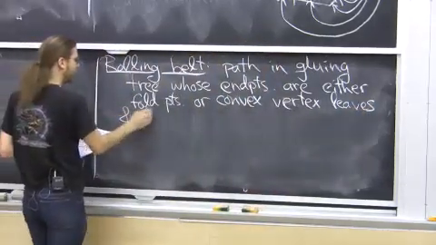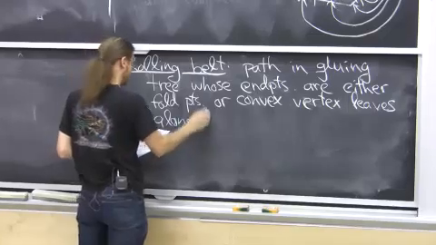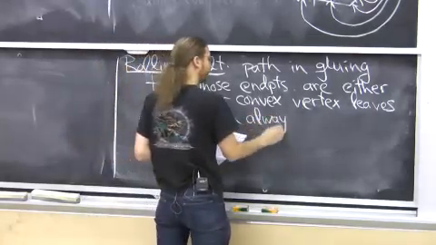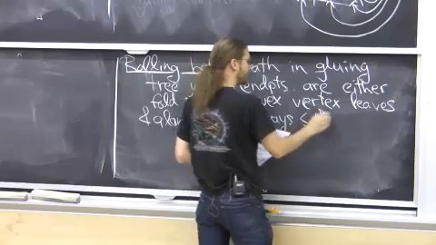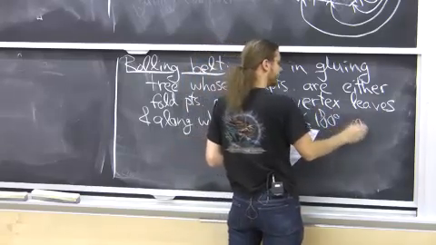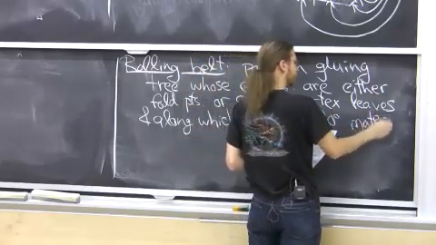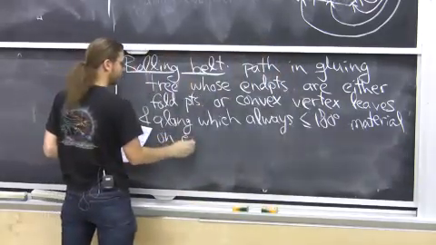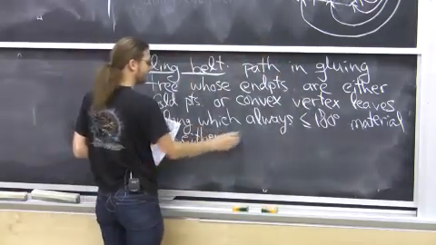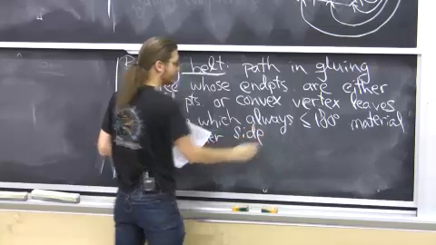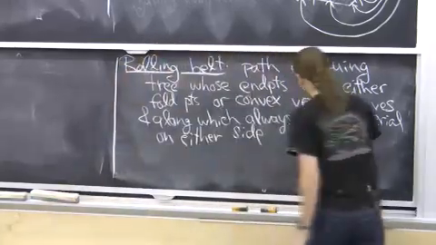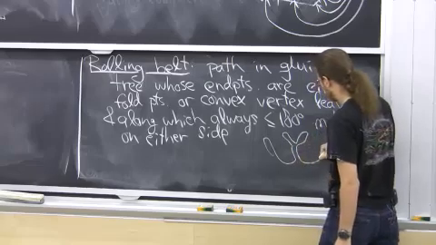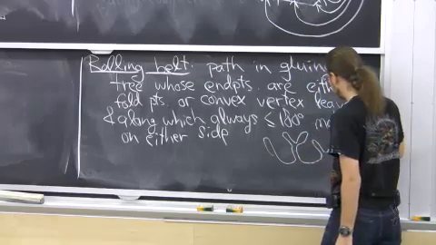And along that path, you always have less than or equal to 180 degrees of material on either side. Okay, this is pretty intuitive. So you have some tree. Let me draw a slightly more general picture here.